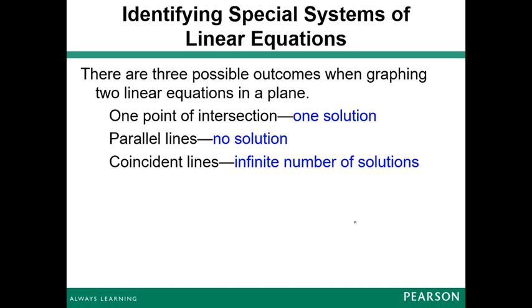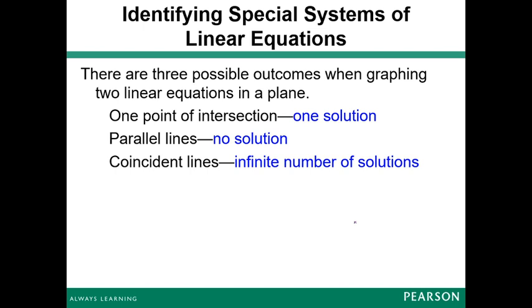One point of intersection. In this case, we have only one solution. Parallel lines have no solutions. And infinite solutions when we have coincident lines.